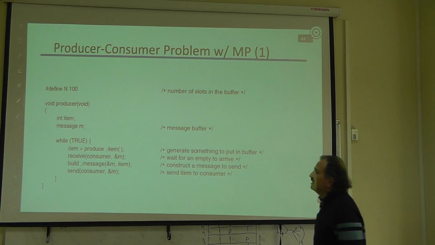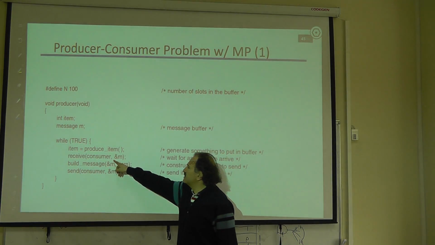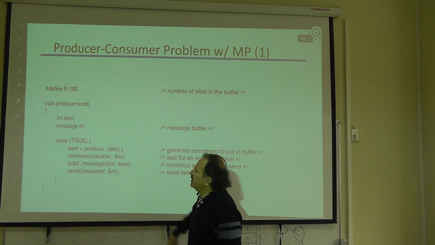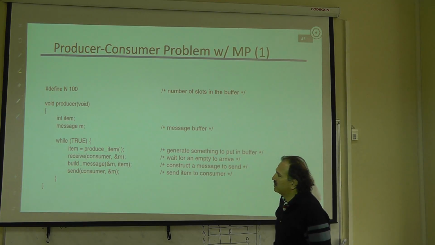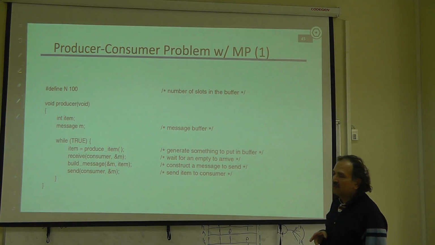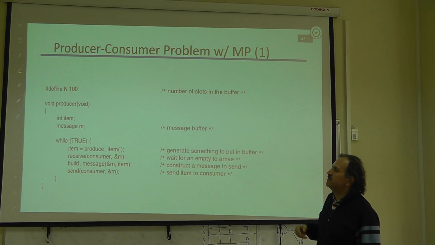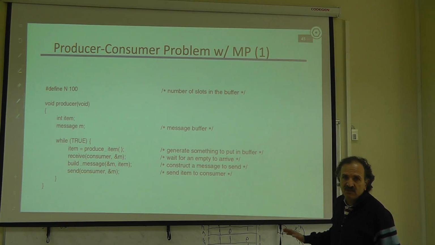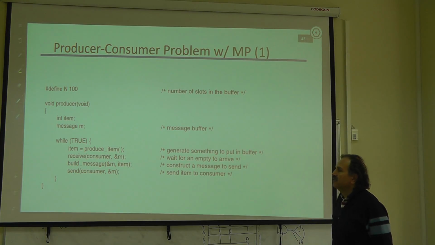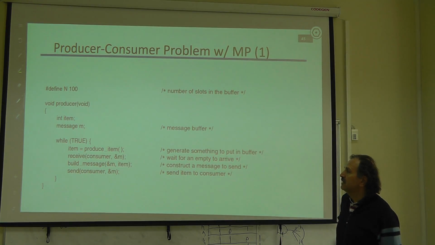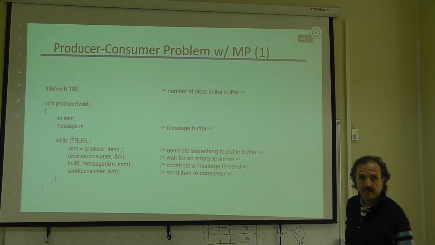And if anything happens when you are receiving something, a network problem, packet loss, out of order packet reception, those problems have to be solved by the networking part of the operating system, which is a very specialized topic left for the computer networks course that you will take in third year or something, I don't know. Any questions on the producer consumer with message passing?